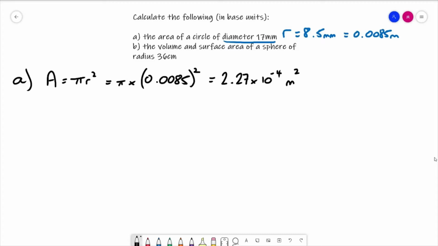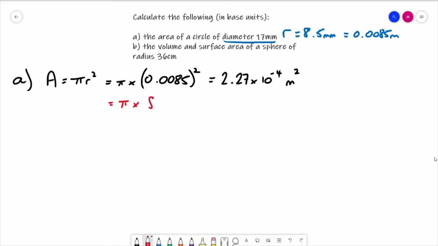Now you'll notice at that point that I haven't left it in terms of pi. If we're doing intermediate calculations, it's not a problem to use pi, but of course for a final answer we're always going to round.